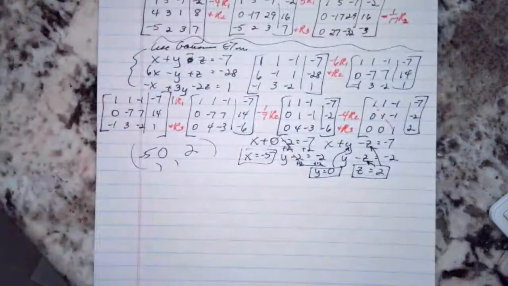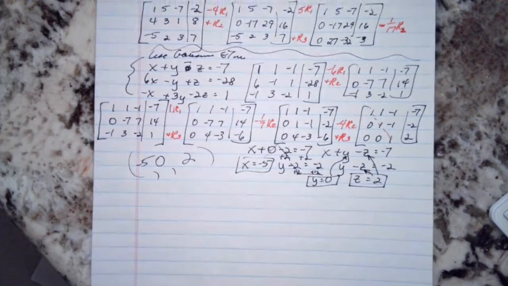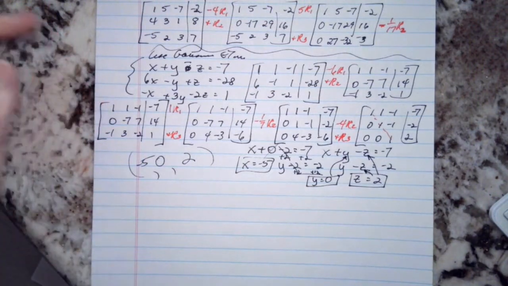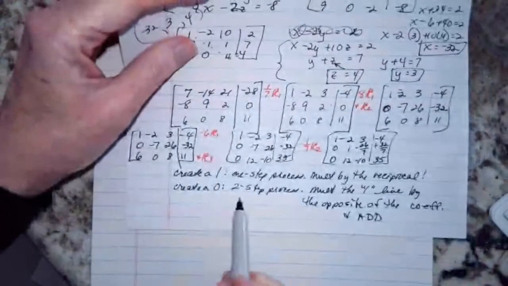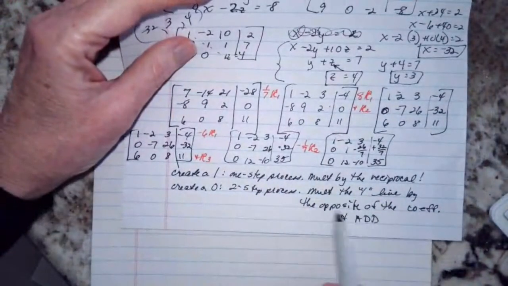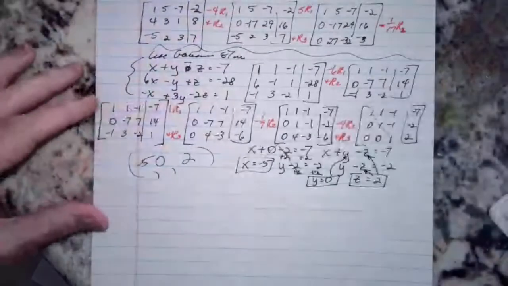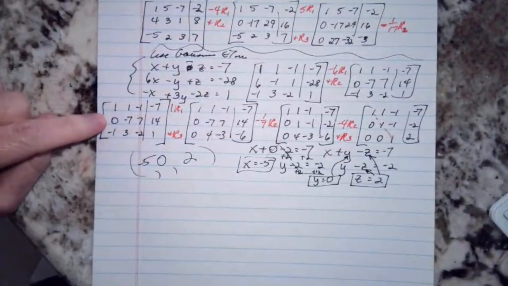Any questions? Yeah, Rebecca. When Chloe asked about line 2, you said you always do the one that you created last. But if you go to step 3, you chose line 1, even though we created the... You build off of the one that you created. Let me go back here. When you're creating a 0, it must be the 1 line, multiply the 1 line by the opposite. You won't build off of the previous 0 ever.